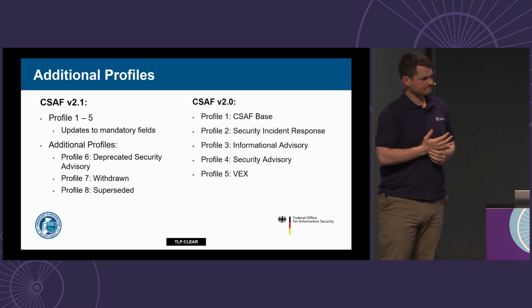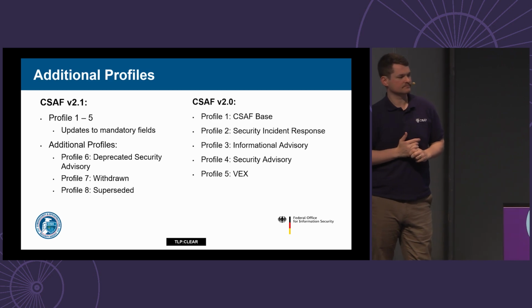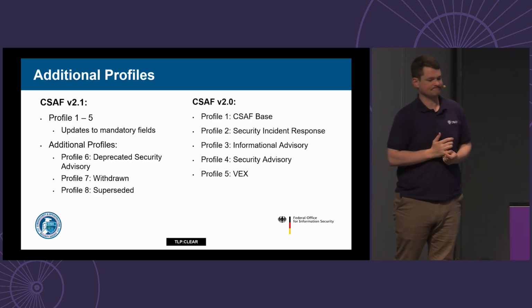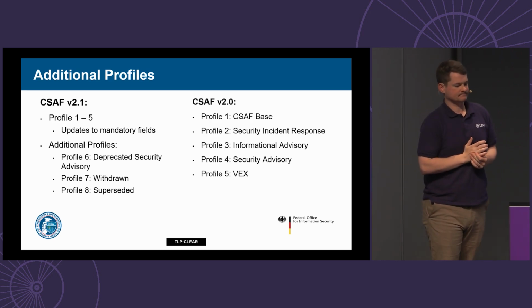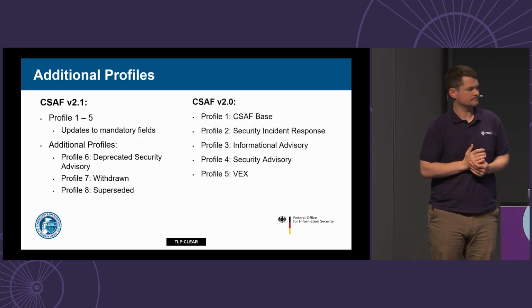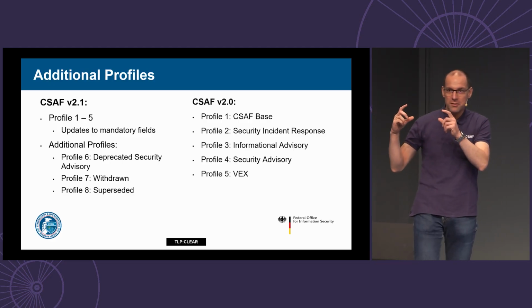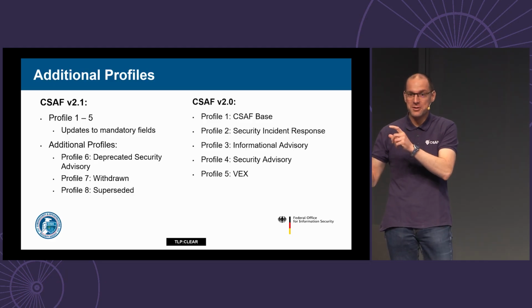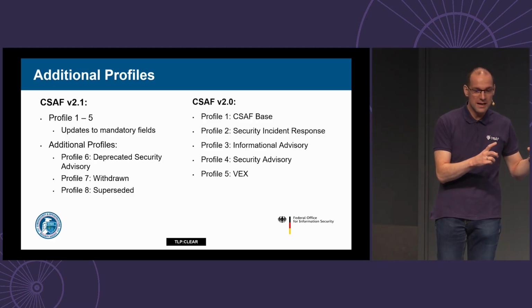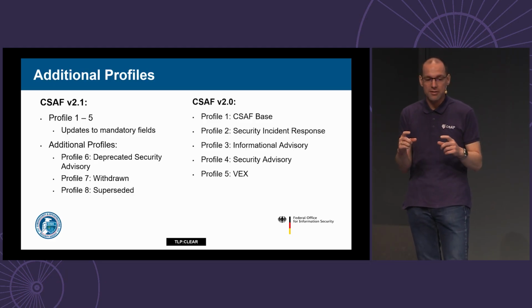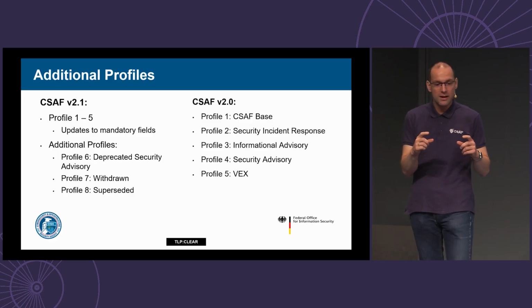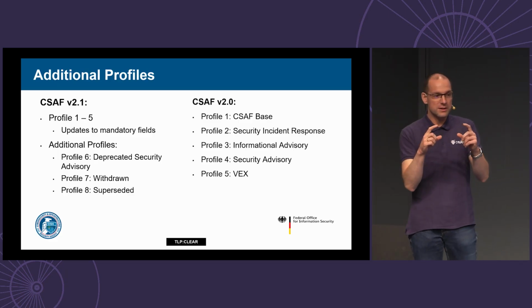And that is only necessary if you are not fulfilling the new requirements that the new Profile 4 in CSAF 2.1 brings with it. So basically, how we did this change is we moved the CSAF 2.0 security advisory, brought it over as CSAF deprecated security advisory in 2.1, and created a new security advisory profile in CSAF 2.1.